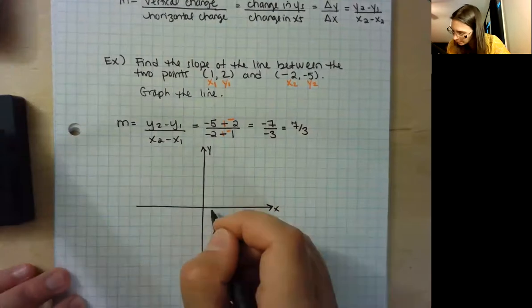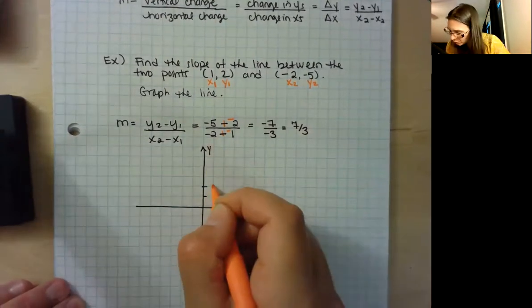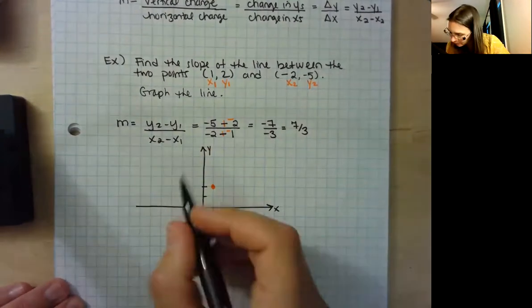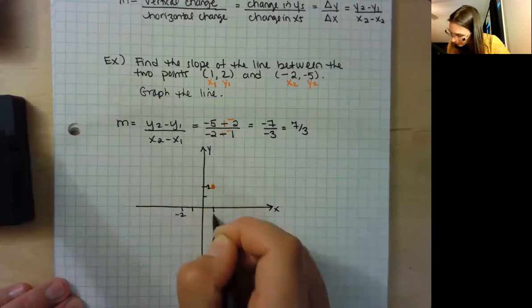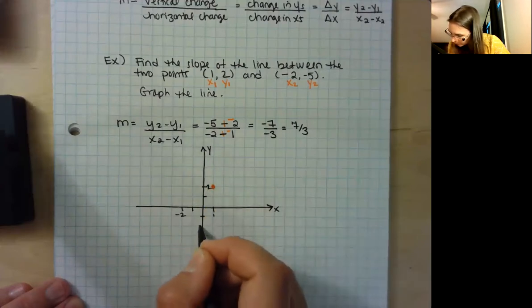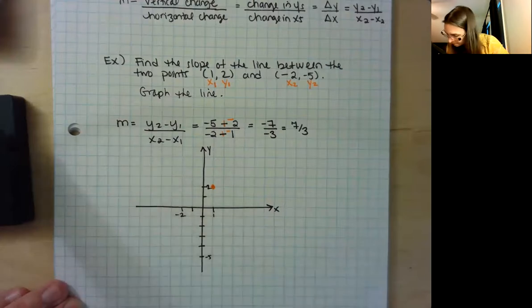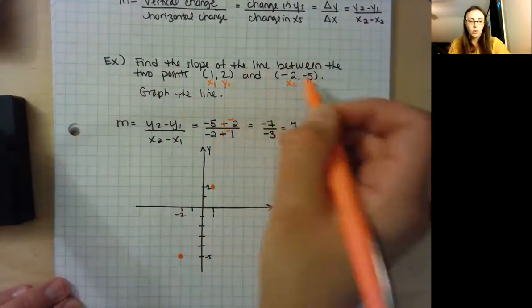All right, so there's 1, 2. So here's my first point, (1, 2). And then let's see, we got to go to -2, and then 1, 2, 3, 4, 5. So I'm looking at this point right here. Notice that I'm graphing my original points so you can see what it looks like.